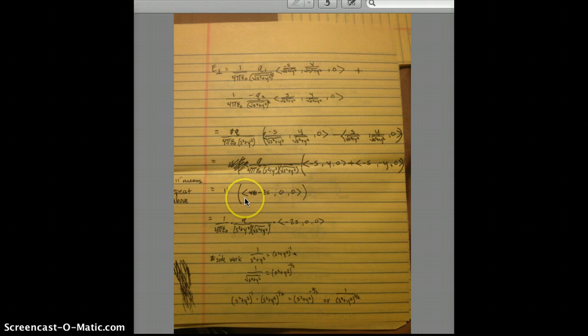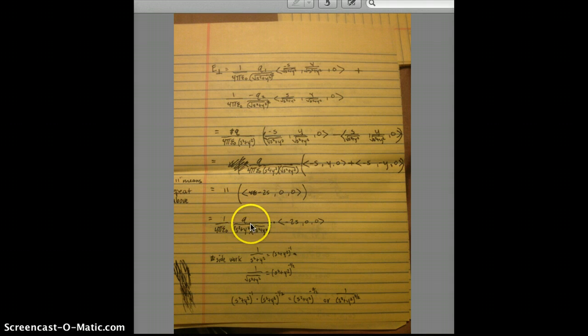And then you end up getting a vector. I'm sorry, I actually took out the bottom also because it's all the same. I brought it over here, so that's why you see that. And so the vector is actually negative 2s, 0, 0. In the formula in the book it's s, but I used 2s.